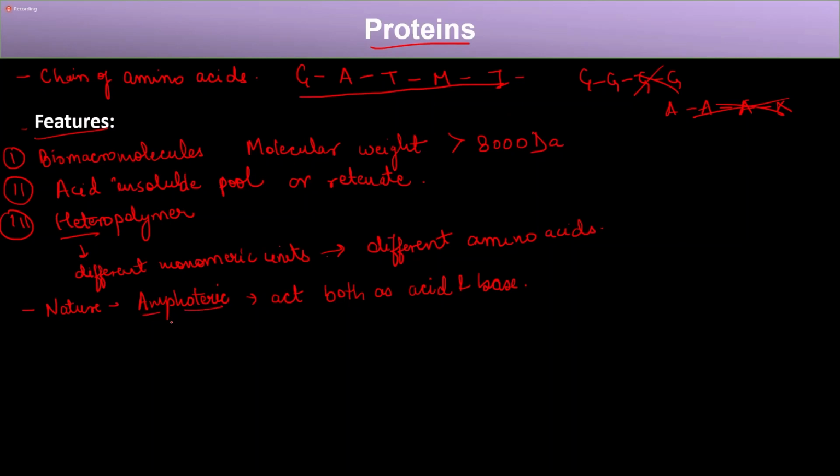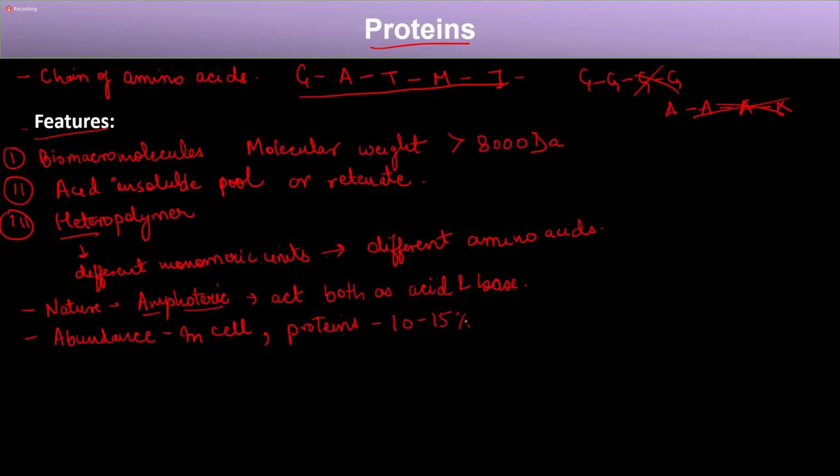Okay. Now, if we talk about the abundance of protein in a cell, it is the second most abundant component, or you can say biomolecule, in the cell. Proteins are approximately 10 to 15% of the cell.